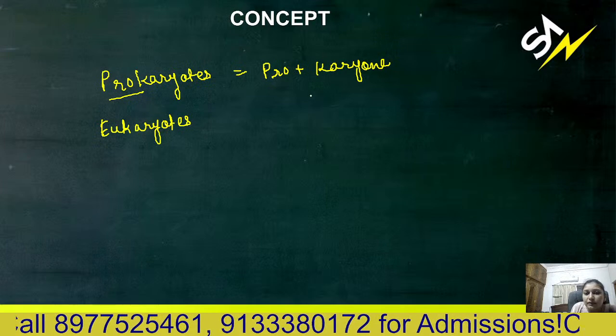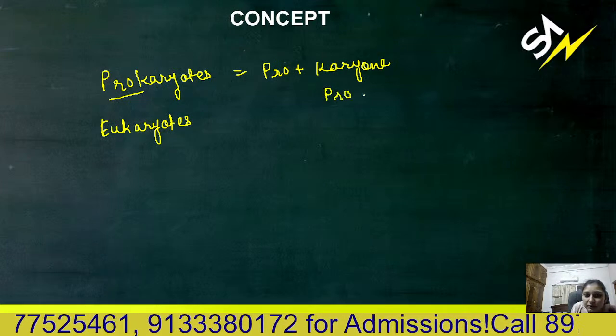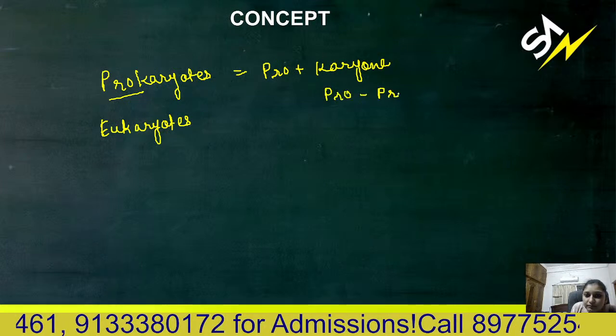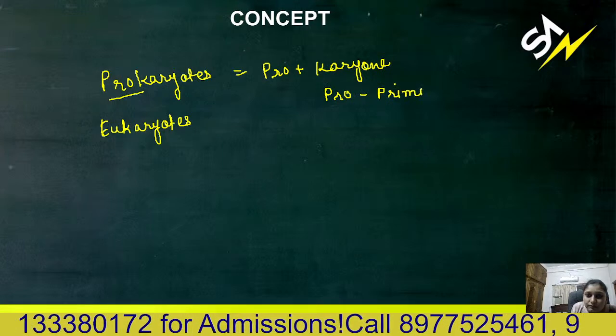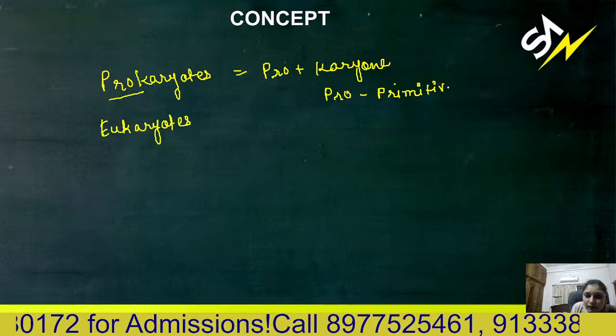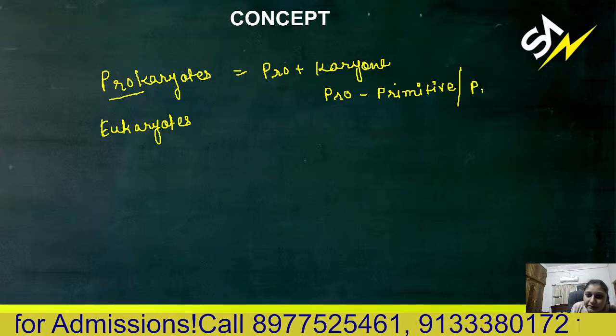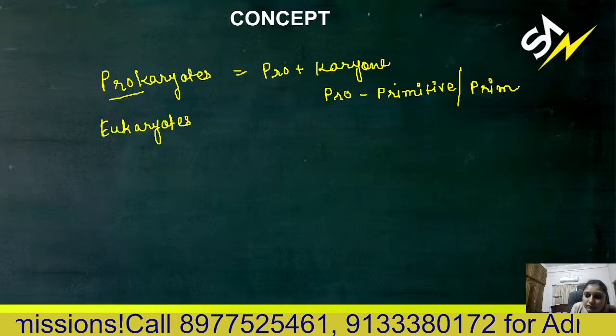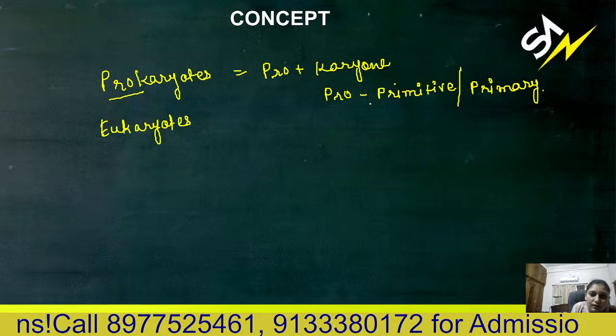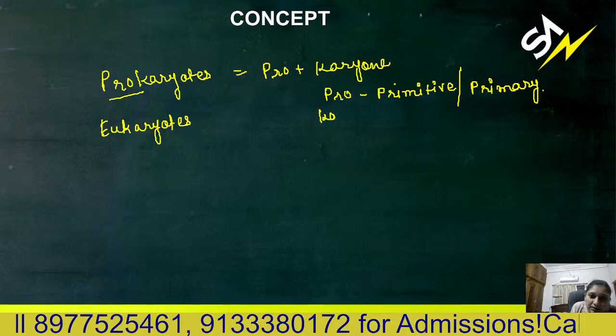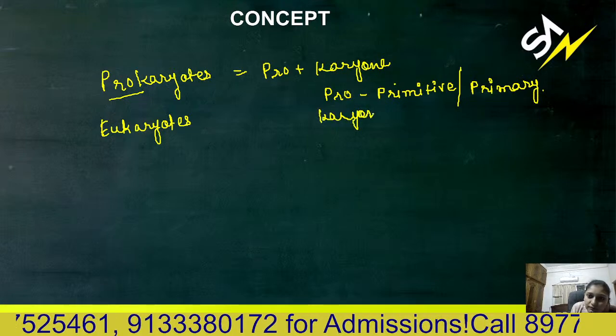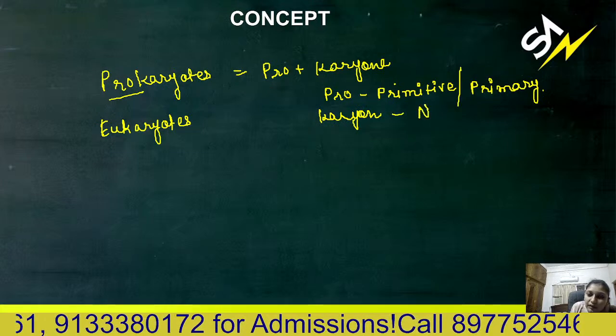Here pro means primitive, or primary type, and caryon means nucleus.